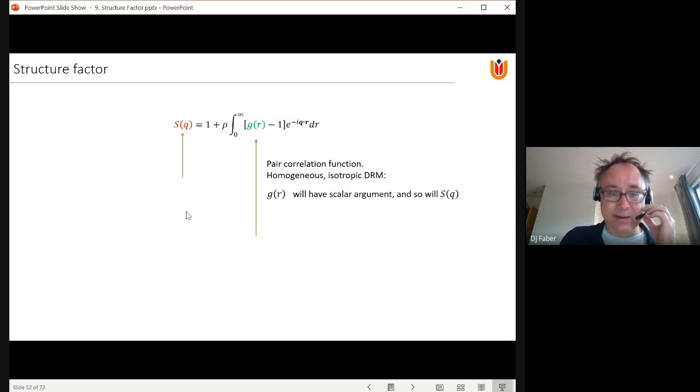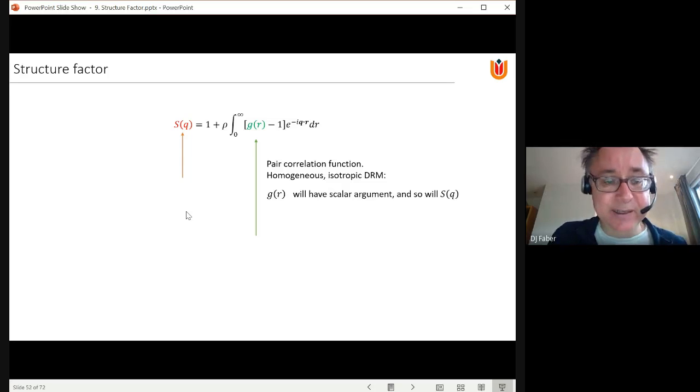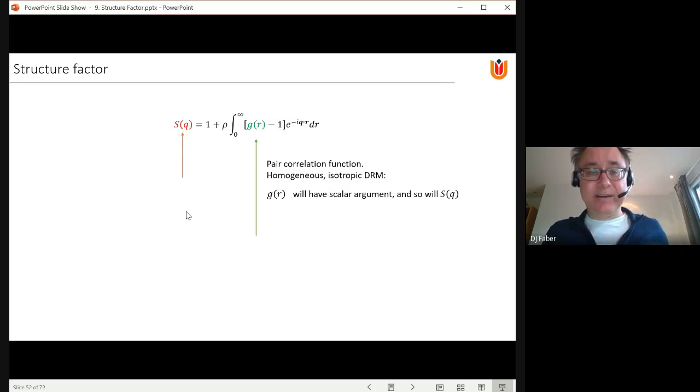All right. So then the same equation: this structure factor S of q or S of theta on the left-hand side is given by 1 plus the density times the Fourier transform of g of r minus 1. If we look at a homogeneous isotropic medium, a discrete random medium, as we were doing, then g of r will just have a scalar argument, the distance r.